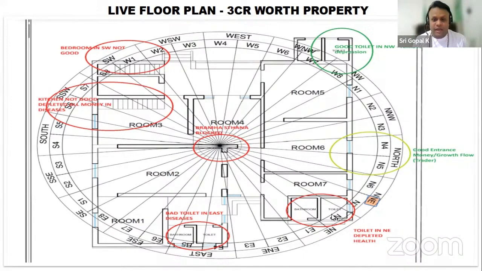Her toilet is not just placed in the northeastern direction, it is close to the northeast as well, isn't it? The first toilet. Yep. Thank you, Niluji. And this is the place from which it started. The moment she created the house, within 15 years her body developed a serious cancer.